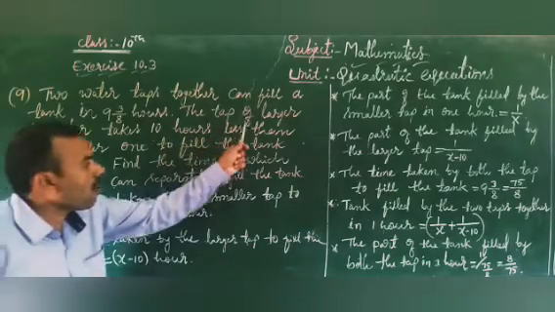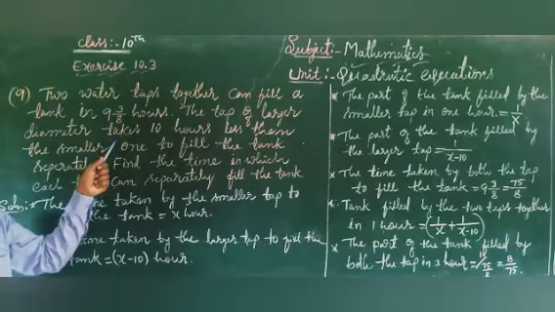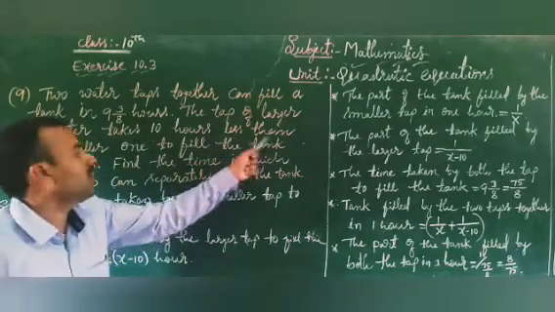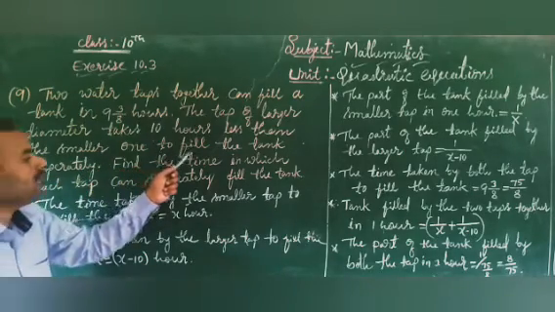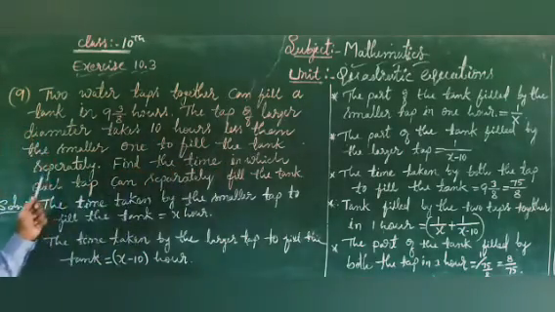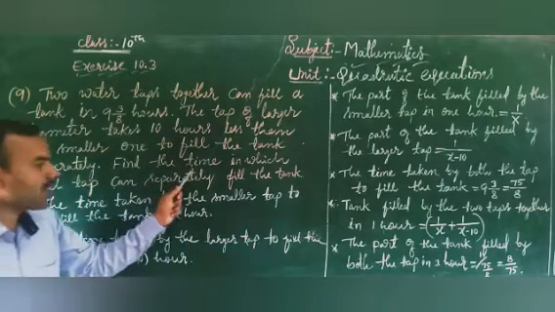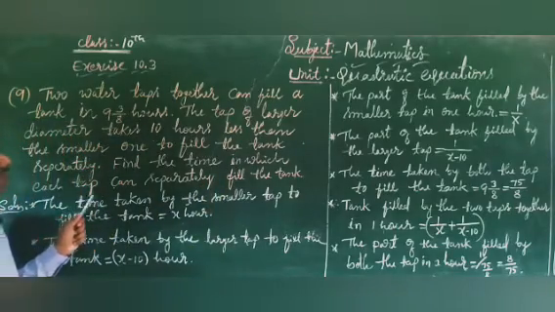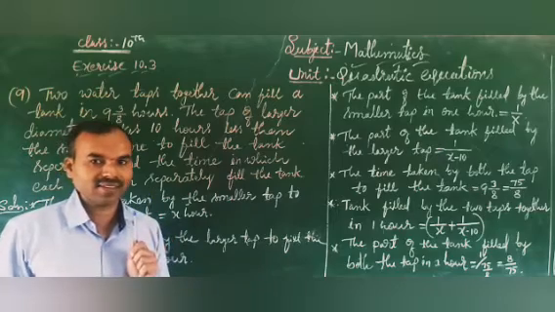The tap of larger diameter takes 10 hours less than the smaller one to fill the tank separately. Find the time in which each tap can separately fill the tank.